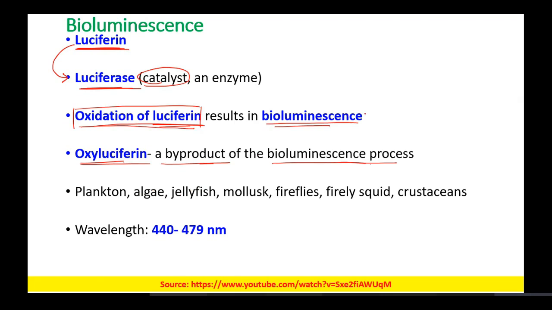The bioluminescence which occurs, as I told you, is visible light. It must have some wavelength, and the wavelength of bioluminescence is usually in the range of 440 to 790 nanometers. Within this range, we usually see the bioluminescence process.